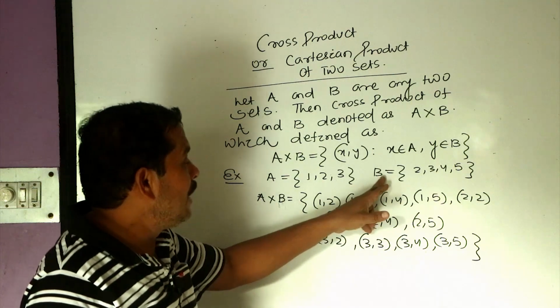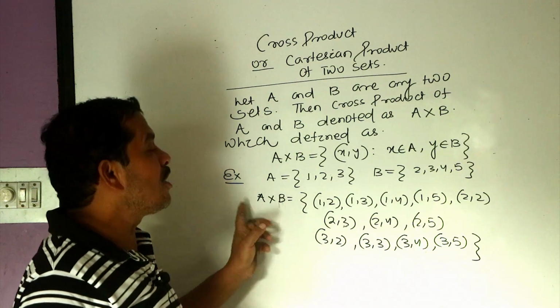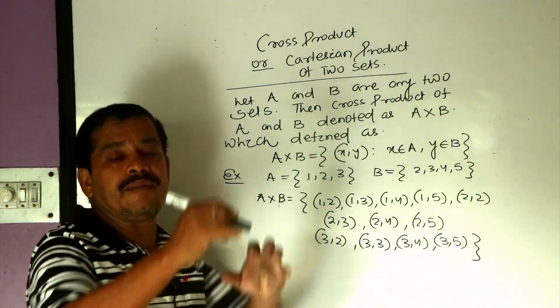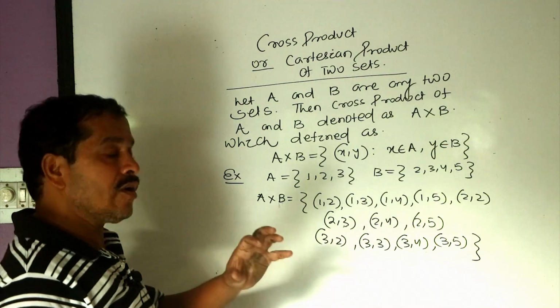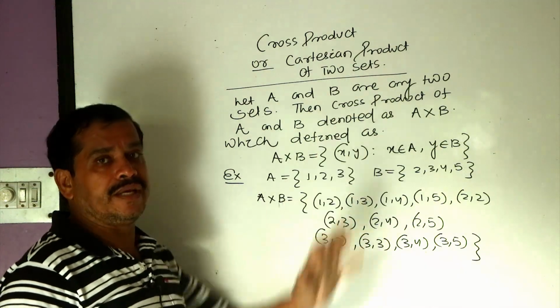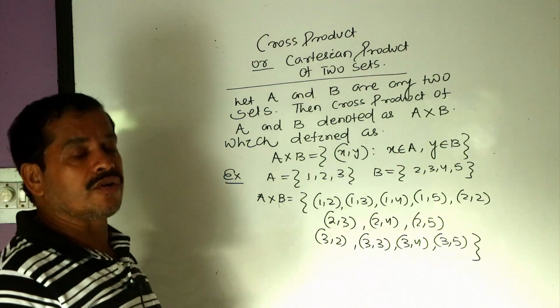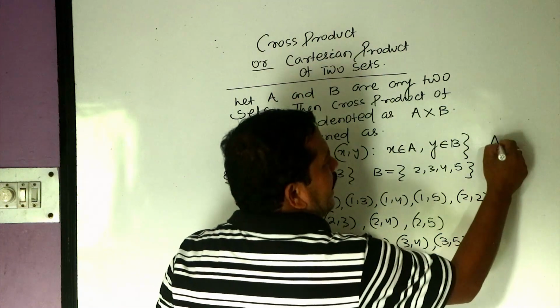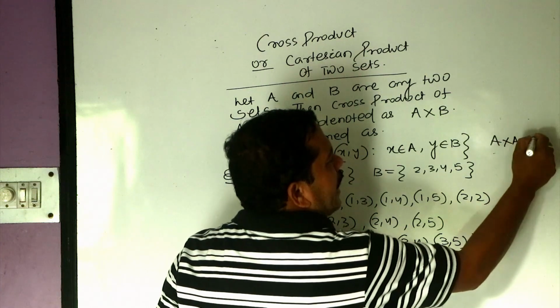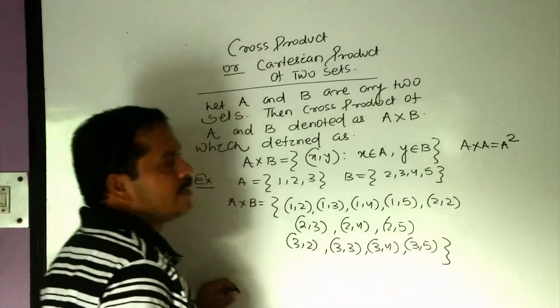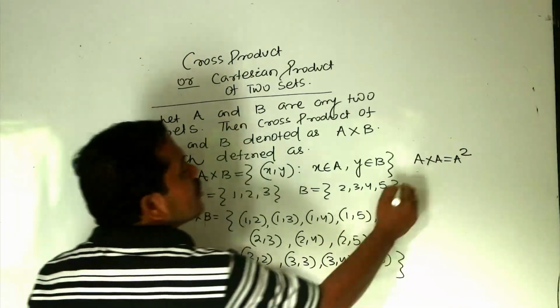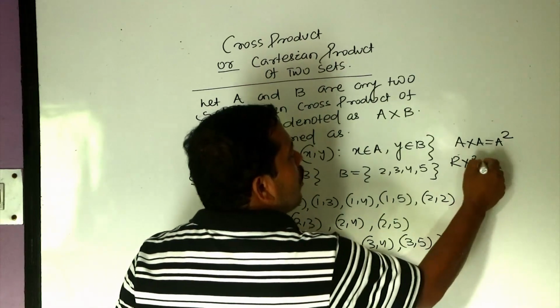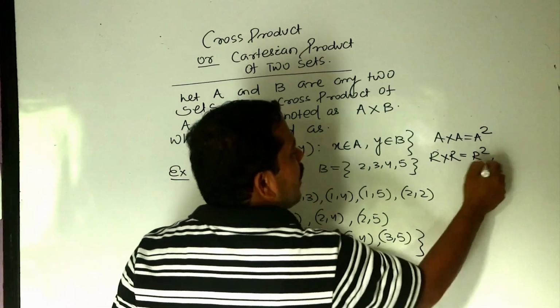If you find B with A, then it will be B cross A, which is not the same as A cross B. A cross B is not generally B cross A. Cross product is not commutative. We can also write A cross A as A square. That is two dimensional. In two dimensions, R cross R is also read as R square.